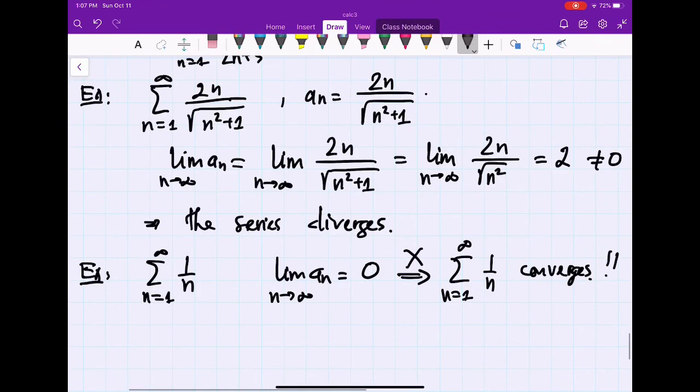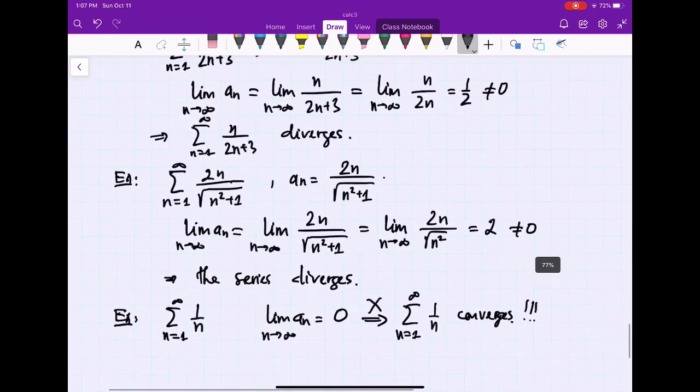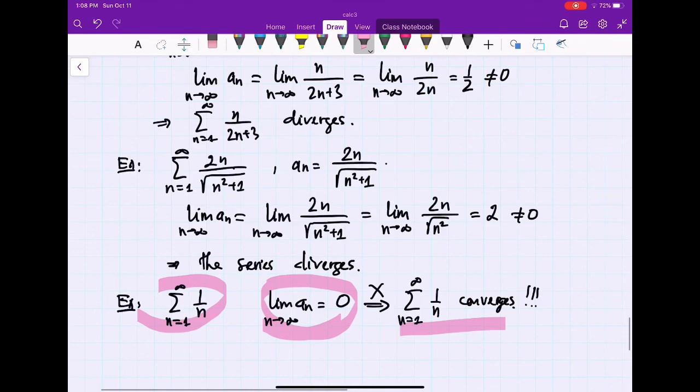Please don't forget this. When we apply this theorem, some of you may be confused with another implication. If the series converges, the limit of the general term is 0. But if the limit of the general term is 0, that does not mean the series converges. But if the limit of the general term is not 0, the series diverges. Okay? So thank you and see you in the next video.